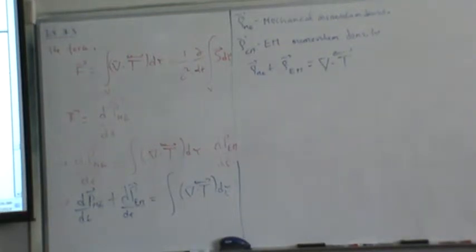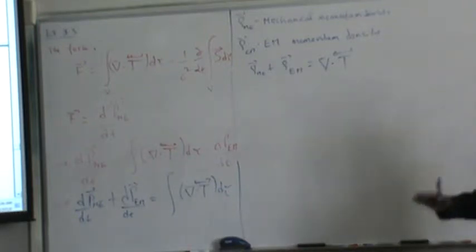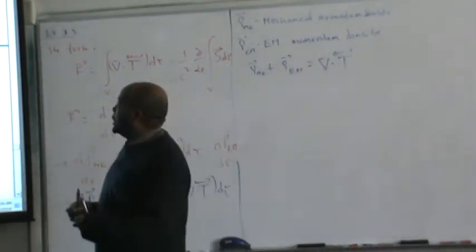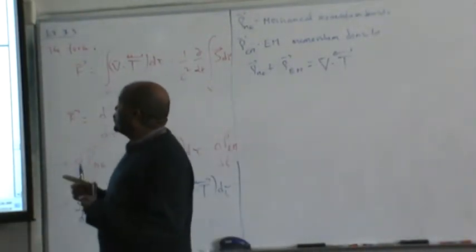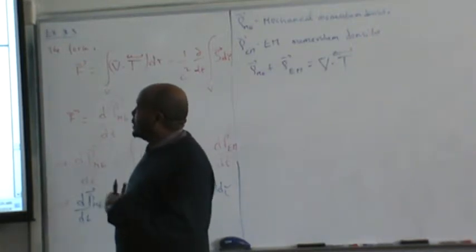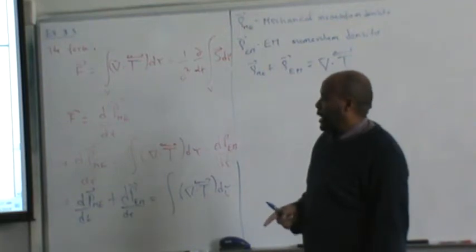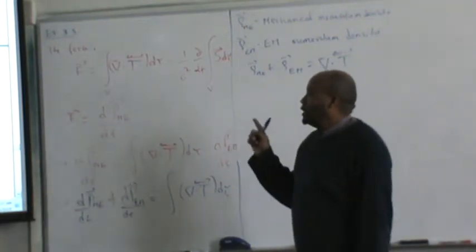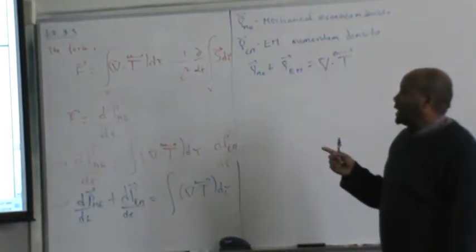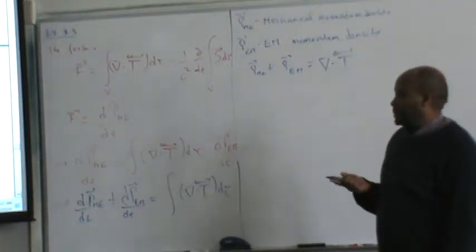So let's consider this example. You are given a long coaxial cable of length L, consisting of an inner conductor of radius A and an outer conductor of radius B. It's connected to a battery at one end and a resistor at the other.